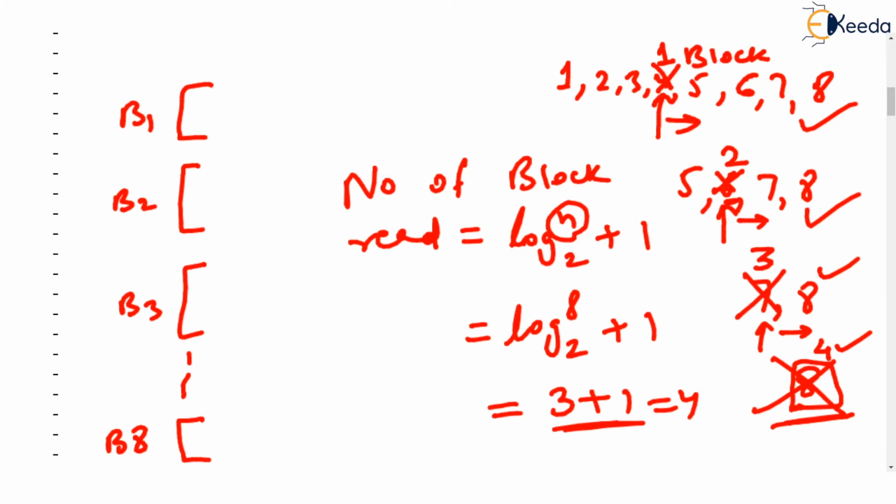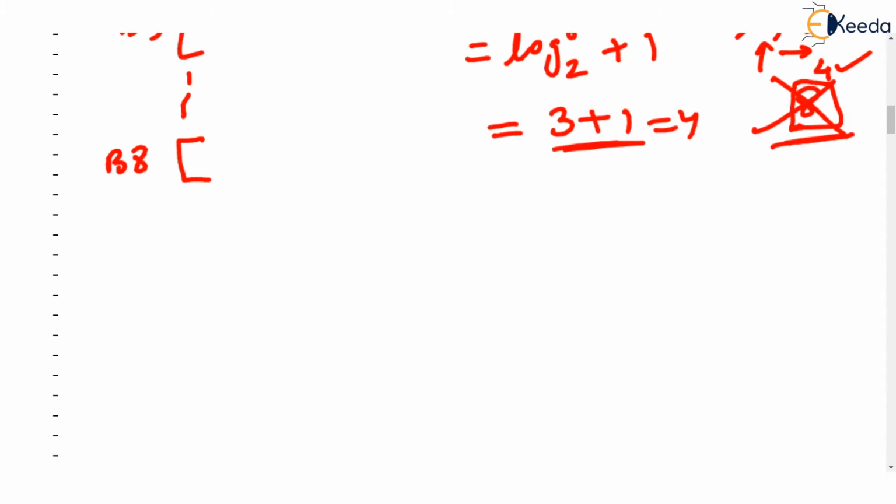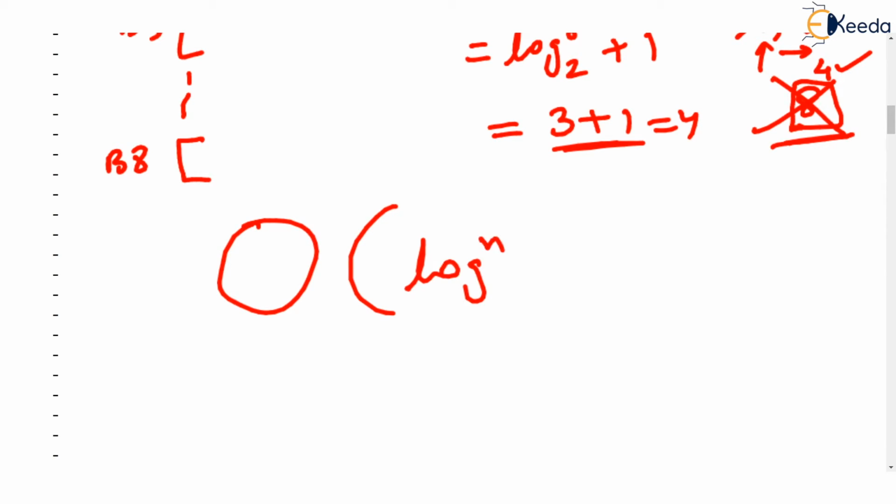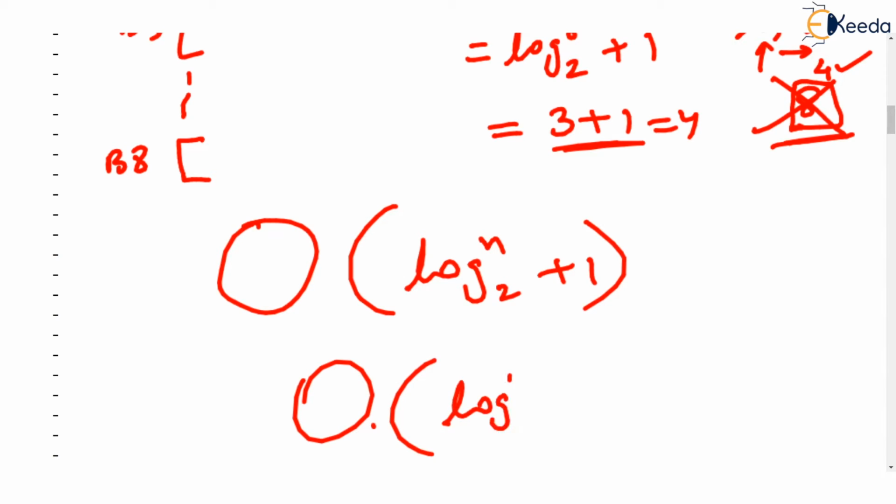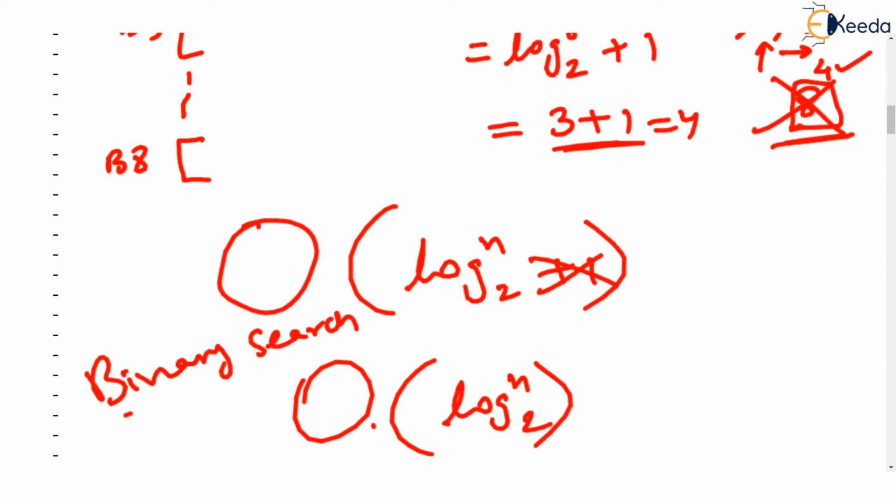Now, as we have come through algorithmic complexity and we know O notation very well, log of n to the base 2 plus 1 can be very well written as big O of log of n to the base 2. We can drop the lower order terms. So binary search will give you a very good performance because the number of blocks that you are actually fetching from the hard disk is very less.